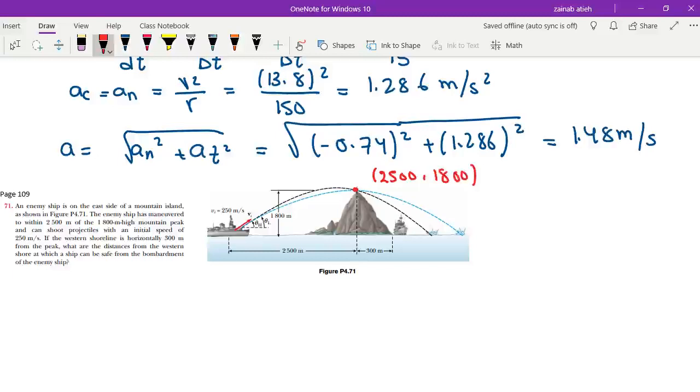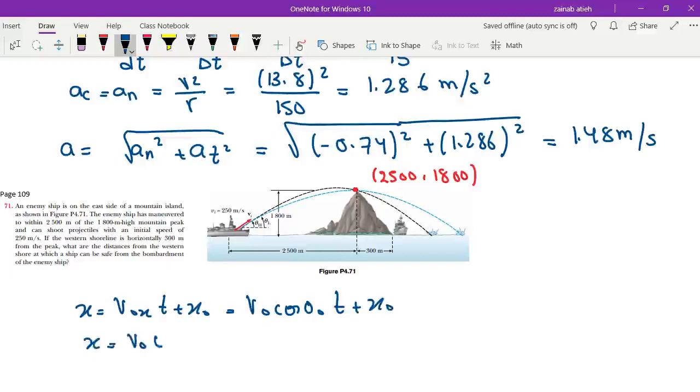So the first thing we will do is find the equations of trajectory and try to satisfy this point in the equation of the trajectory. I will remind you the equation of the trajectory. We've got x equals v0x t plus x0, which is v0 cosine theta 0 t plus x0, for sure x0 is 0.